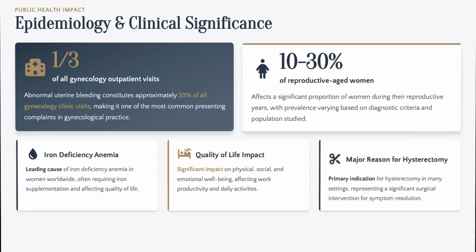And finally, abnormal bleeding is a major indication for hysterectomy in many settings, a significant surgical intervention that permanently affects fertility. This is not just a minor inconvenience, as we know here in our African setting. This is a condition that profoundly affects women's lives.